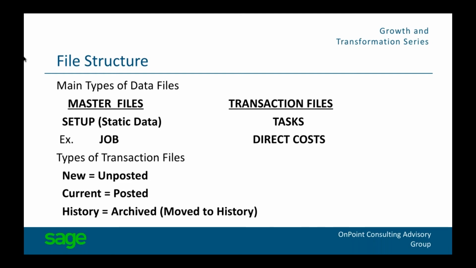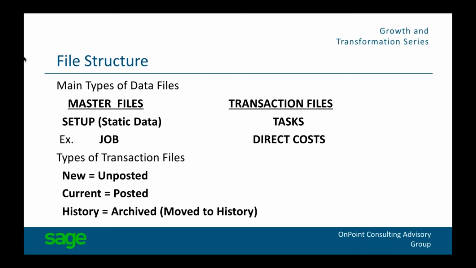So when you produce reports, you either have a report that is directed off of master files, looking at the static data, or you have reports that are off of transaction files, and that's off of each individual transaction.